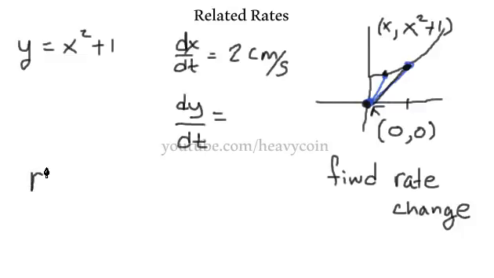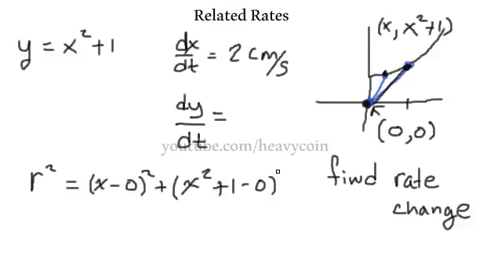So that's going to be r squared is equal to the difference between x minus 0, so this is the distance formula here, plus the distance between the y values, so we're going to say x squared plus 1 minus 0, and square that. Now I'm not using a d here, and the reason for that is because of this d right here. So I'm just going to use r.